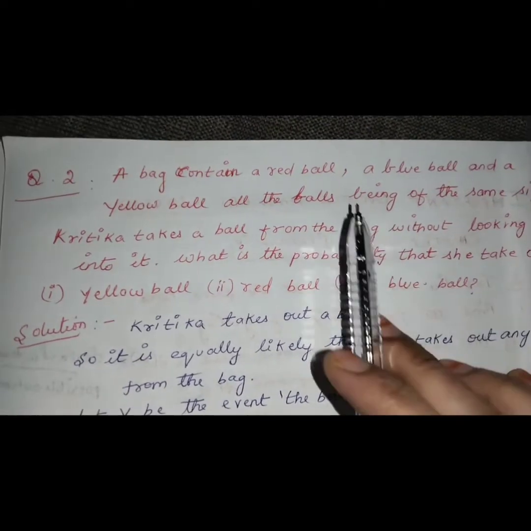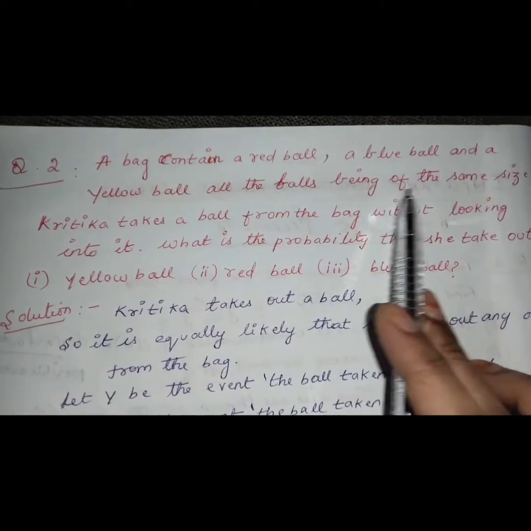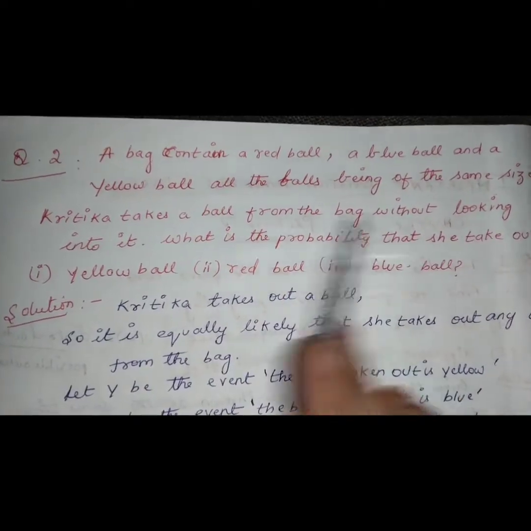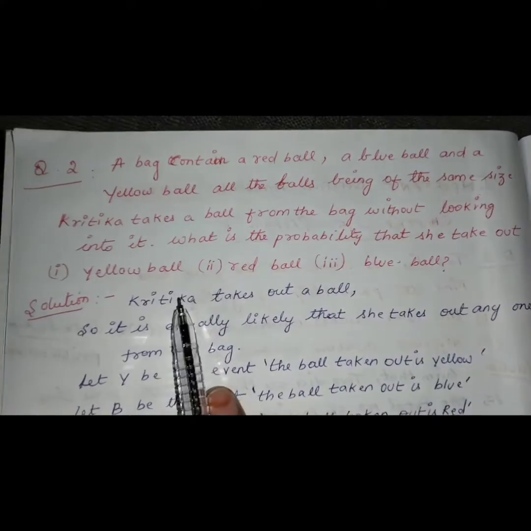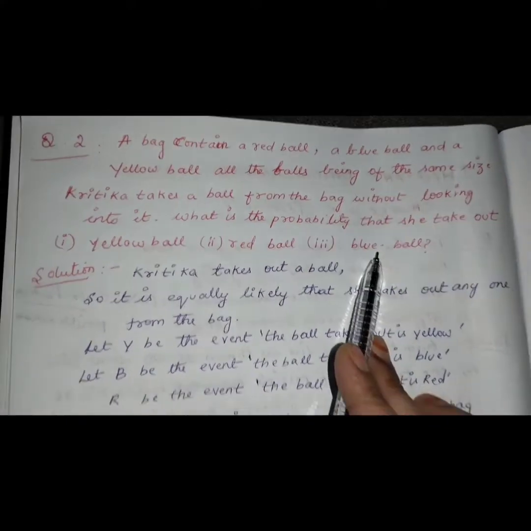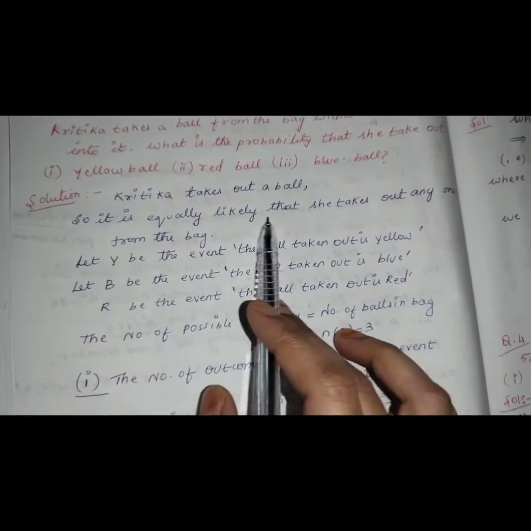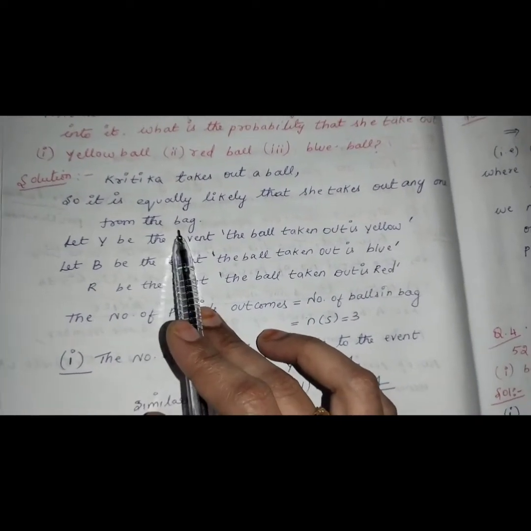Second question: a bag contains a red ball, a blue ball and a yellow ball, all the balls being of the same size. Kritika takes a ball from the bag without looking into it. What is the probability that she takes out the yellow ball, the red ball and the blue ball? Kritika takes out a ball, so it is equally likely that she takes out any one from the bag.